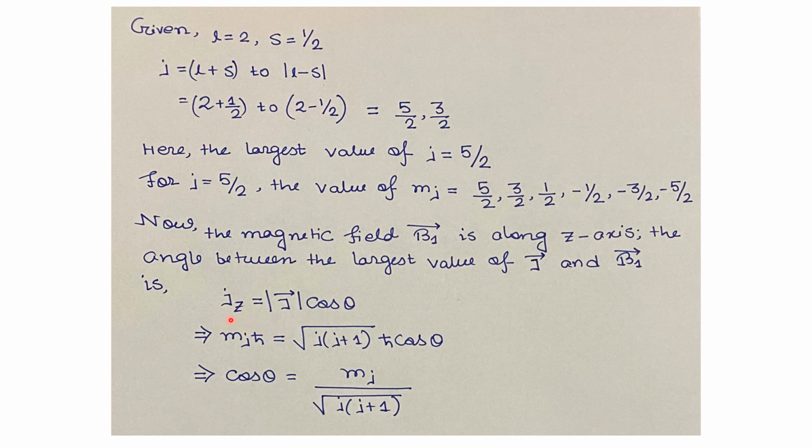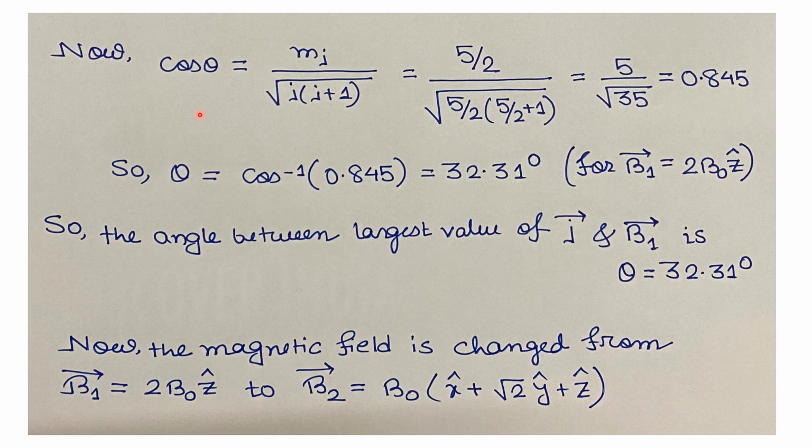Now the value of this Z component of the total angular momentum vector is Mj times h cut, and the value of the total angular momentum vector will be root over J into J plus 1 times h cut, and here this cos theta comes due to the projection. So cos theta is Mj by root over J into J plus 1. From the previous slide, we have J equals 5 by 2 and Mj equals 5 by 2.